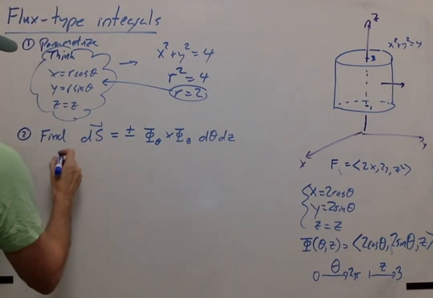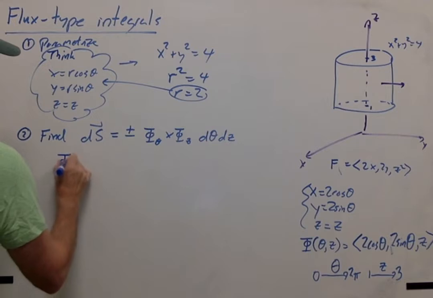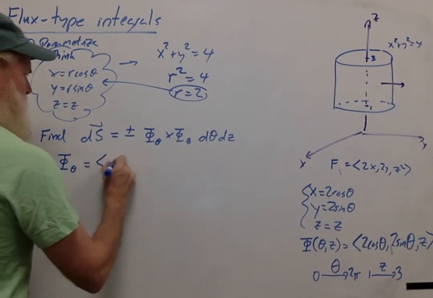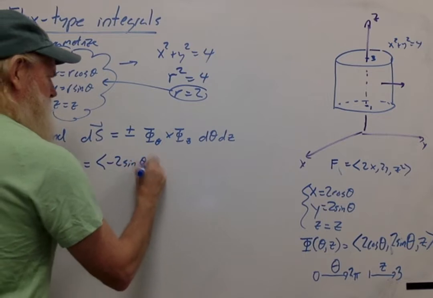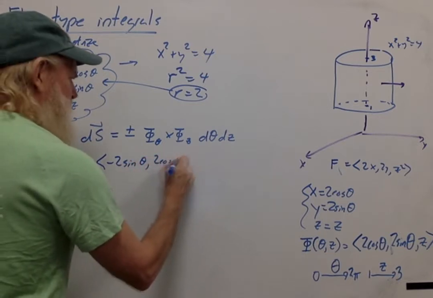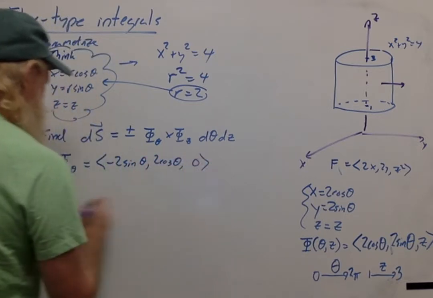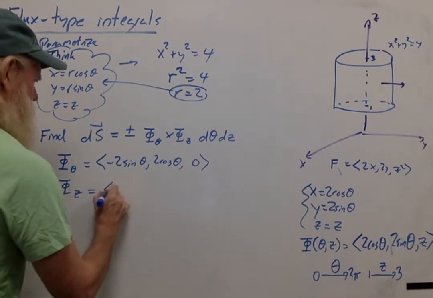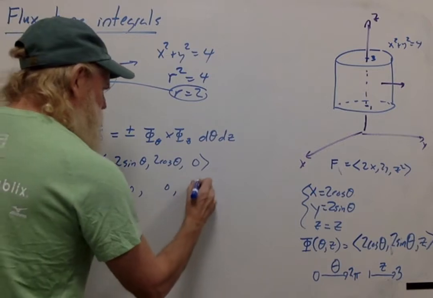So let's calculate those two partial derivatives. d phi d theta is equal to negative 2 sine theta, 2 cosine theta, 0. And d phi dz is 0, 0, 1.